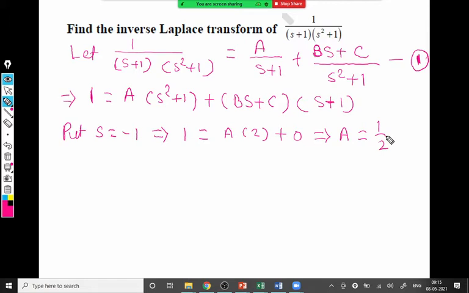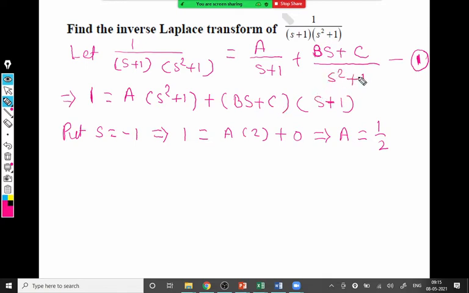So what should be the value of s to get the values of B and C now? Now there is s square plus 1. There are two ways. One way is we can put s as 0, s as 1, and go that way. The other way is to equate this denominator to 0.